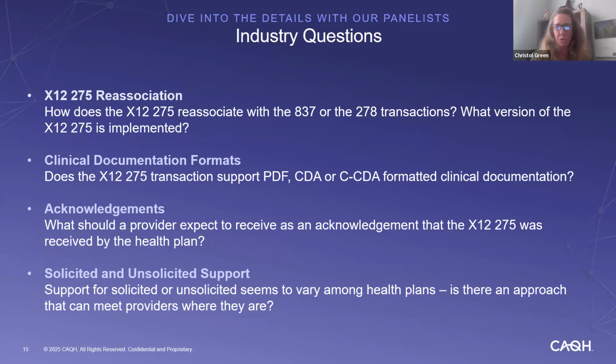So I don't know if you want to add a little bit more to that, Bob. Yeah, definitely. You also bring up the 278, which is the prior authorization transaction. We are also using the PWK segment in the 278 to ask the provider for specific documentation so we can get that information back and process it quickly.